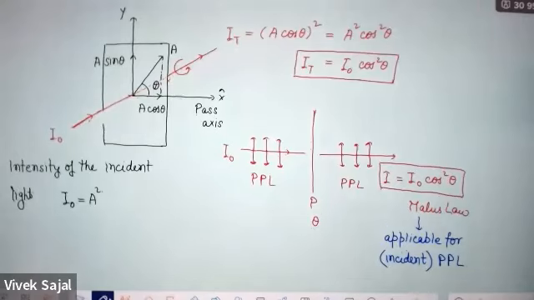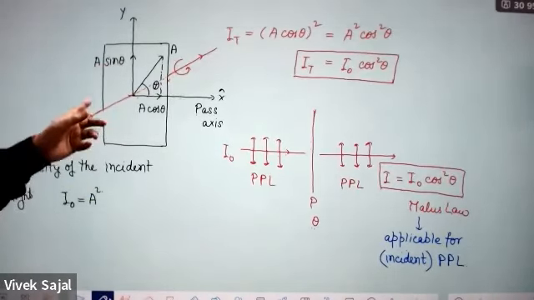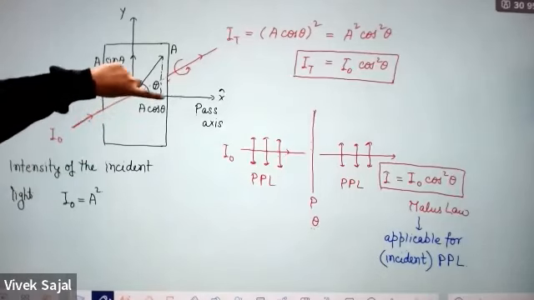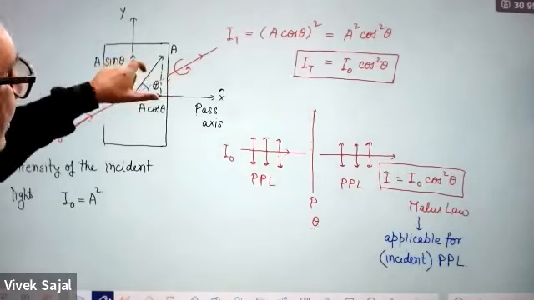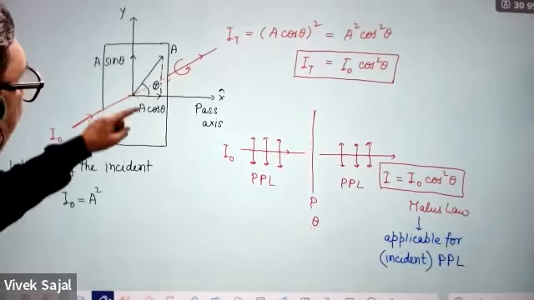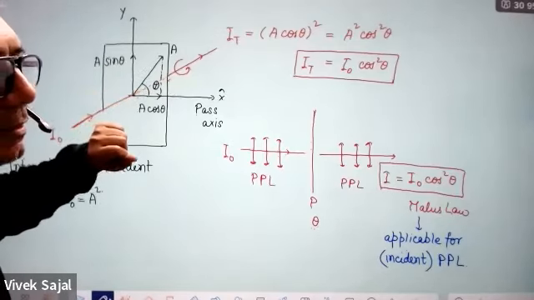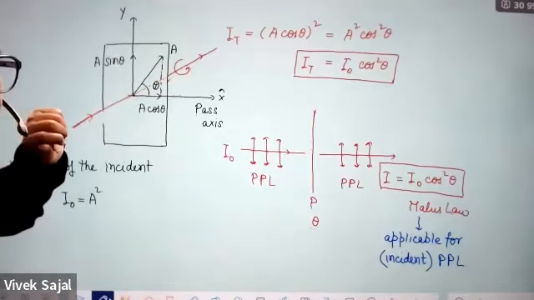Okay, you are rotating this polarizer now. When you are rotating this polarizer, then try to understand, this path axis is going to rotate. And the angle theta is going to change.